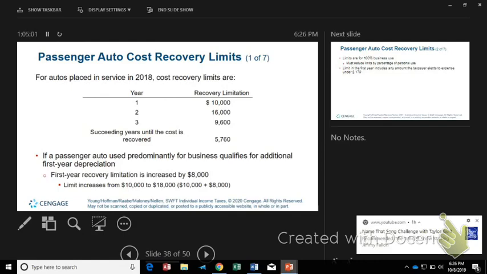Does that make sense? So I wouldn't recover my $40,000 car in the first year. In year 1, if I used it for 60%, I'd take 60% times 10,000, so $6,000. But in year 1, I'd also get another 8,000. So I'd get $14,000 in year 1.